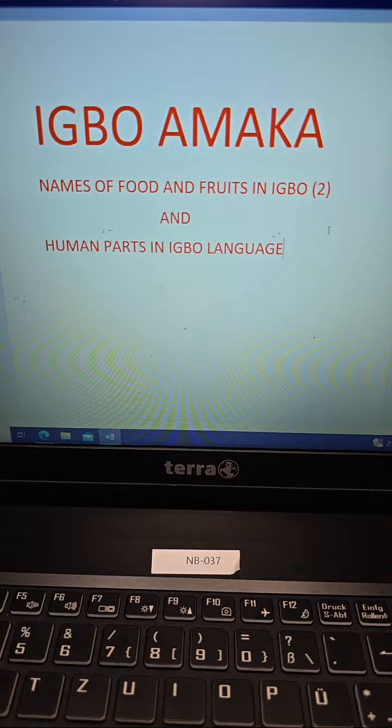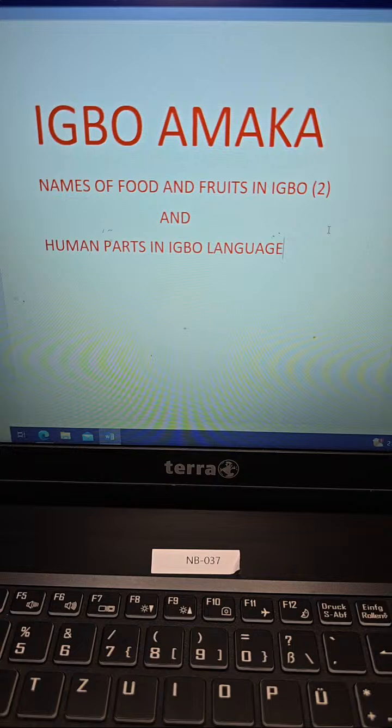So today we are going to finish. I told you that yesterday we didn't finish the names of food and fruits in Igbo language. We were not able to finish it yesterday, although it's remaining just small.